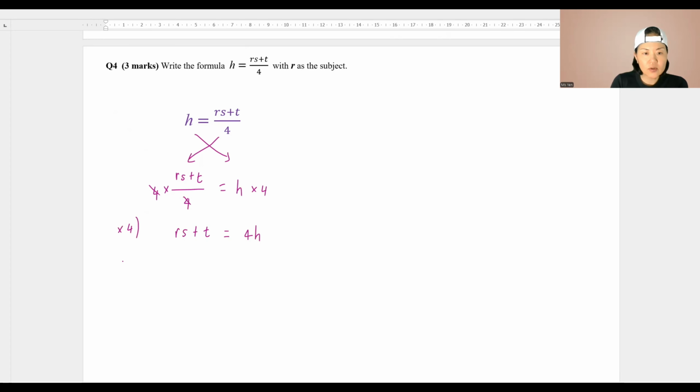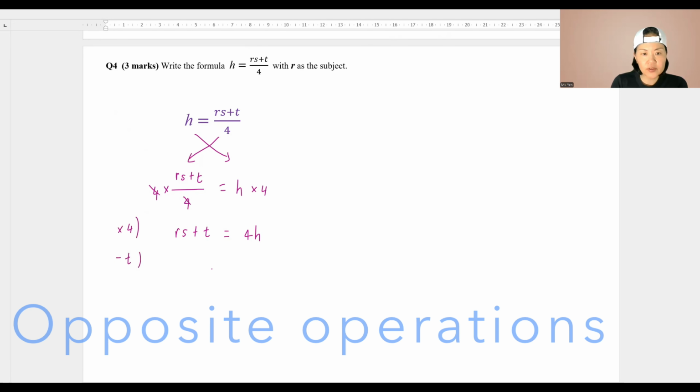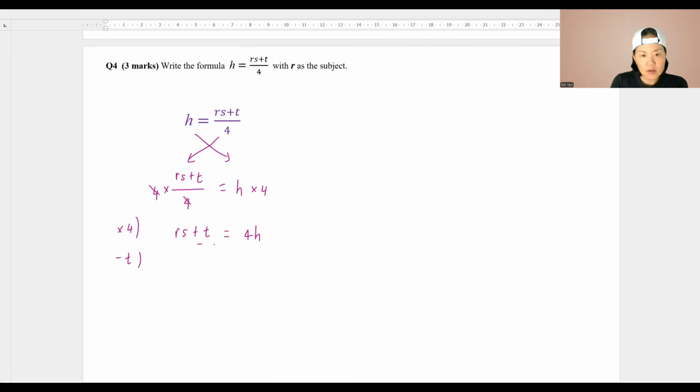Okay, so the next step: I want to get rid of T from both sides because I want the R to be by itself on the left. So it'll cancel out on this side.